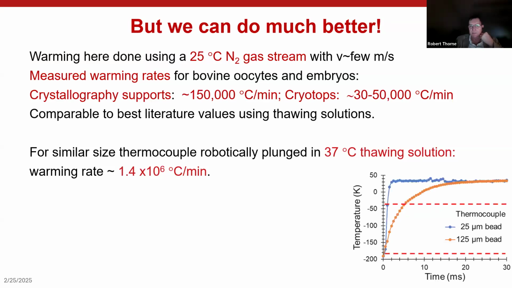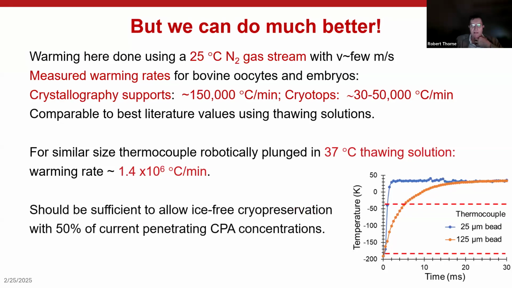You can get up to well over 1,000,000 degrees C per minute. With that kind of warming rate, it seems likely that we should be able to get ice-free cryopreservation at roughly half of our current cryoprotectant concentrations, at least of the penetrating ones.